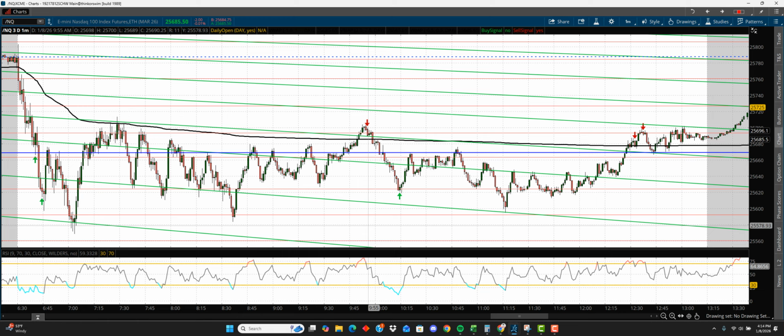And you get to know this the more time you spend in front of the screen, the more easily you can see this. You could trade this off of Renko charts, but most of the time I use the 1 minute and 5 minute chart, and I trade off of the 1 minute.